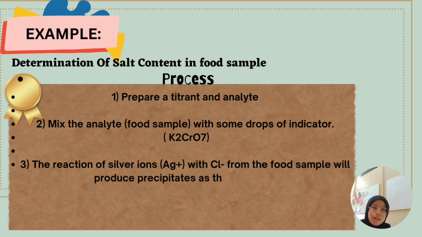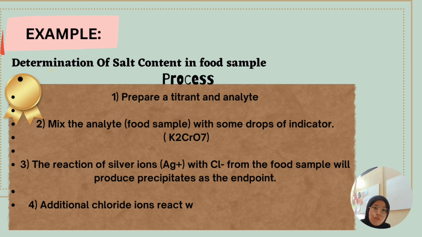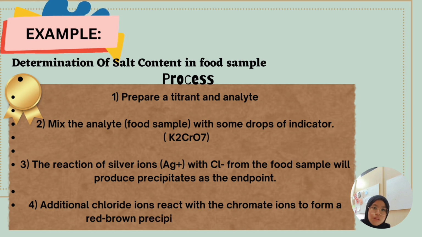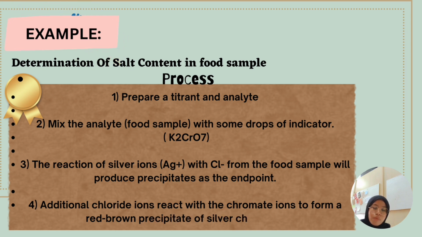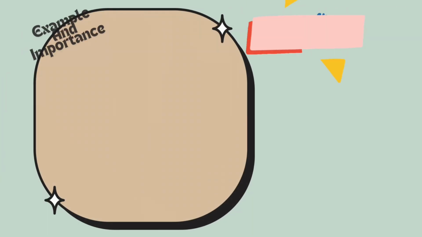These precipitates can be extracted to calculate the concentration of salt present in the food sample. Furthermore, the additional silver ions will then react with the chromate ions of the indicator potassium chromate to form a red-brown precipitate of silver chromate. The titration should be stopped when the first trace of red-brown color is observed.